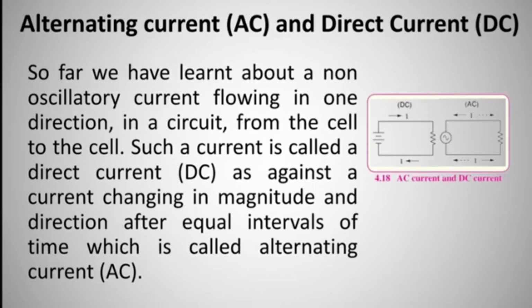Figure 4.18 shows alternating and direct current. The flow of AC and DC current are indicated by arrows in their respective circuit diagrams.